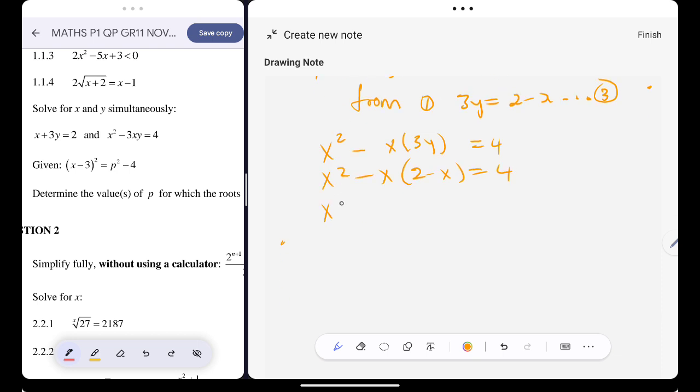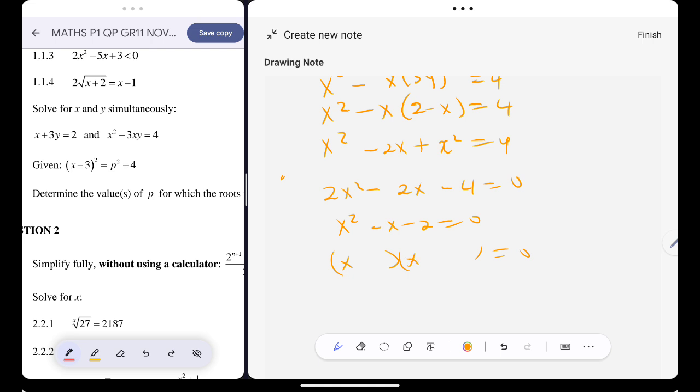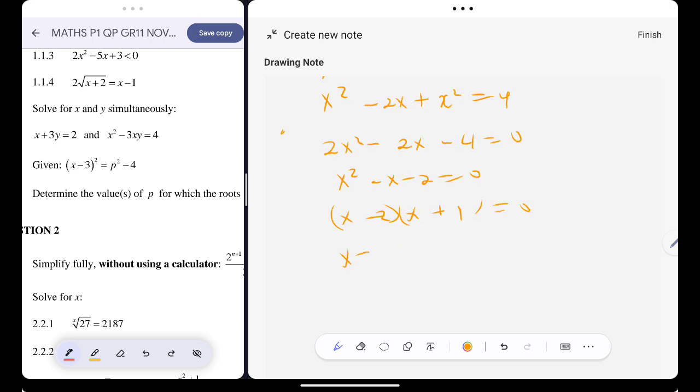Then solve for x. x squared minus 2x plus x squared is equal to 4. And then I'll have 2x squared minus 2x minus 4, and then I'll have x squared minus x minus 2. When I solve here, I'll have x, 2, 1, minus and plus, then x is 2, or x is negative 1.